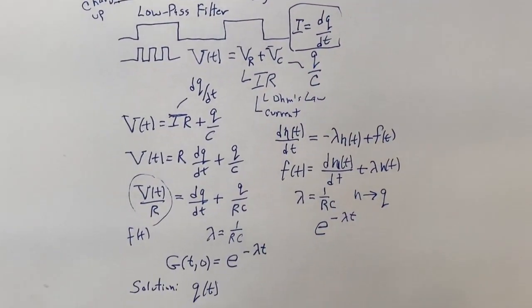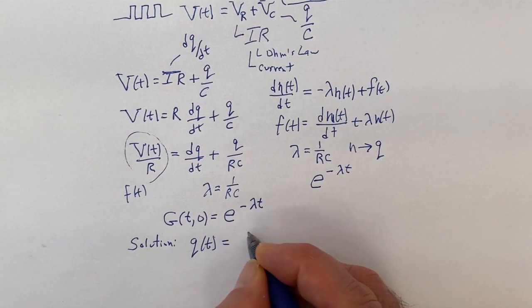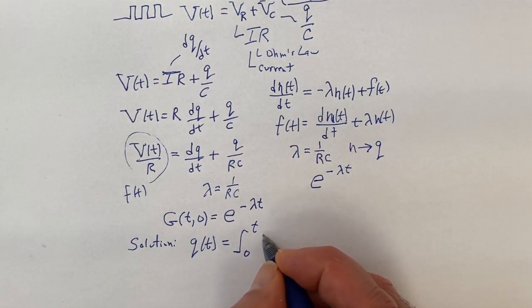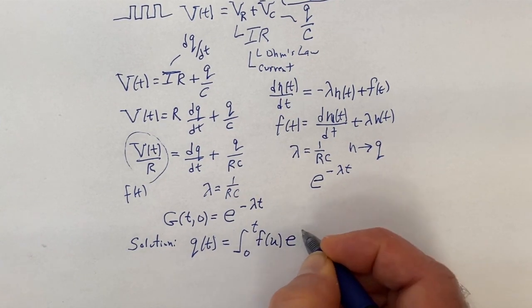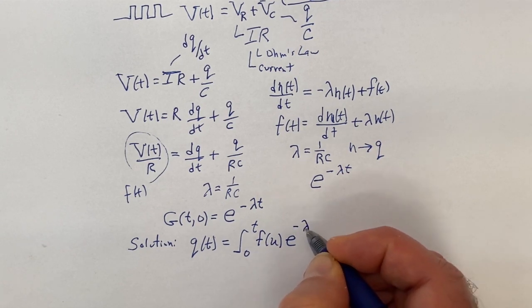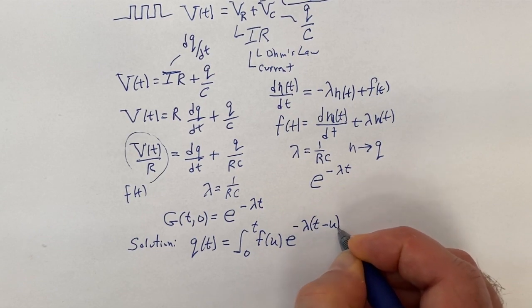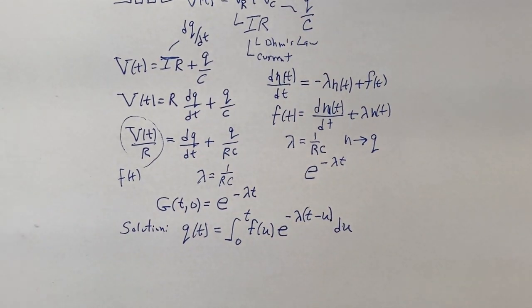All right, so if we write this as the convolution, it's going to be from 0 to t, of f of u times e to the minus, and here we have the shifted Green's function, t minus u, just like we did for the radioactive decay and the dumping function.